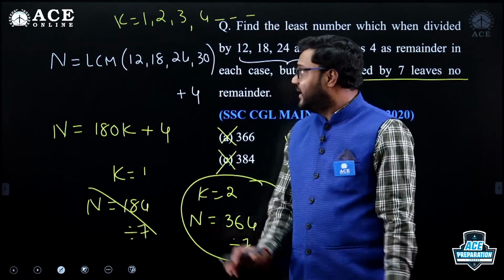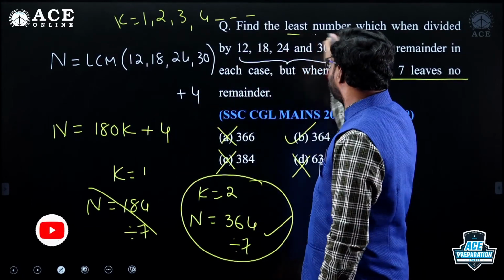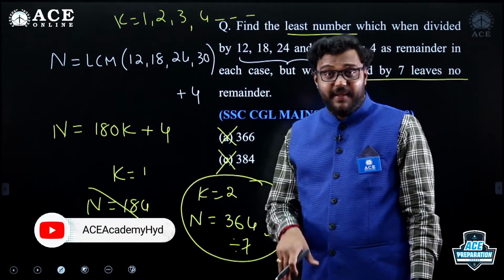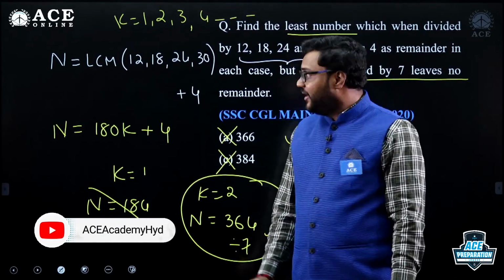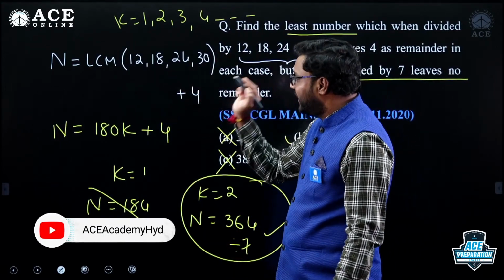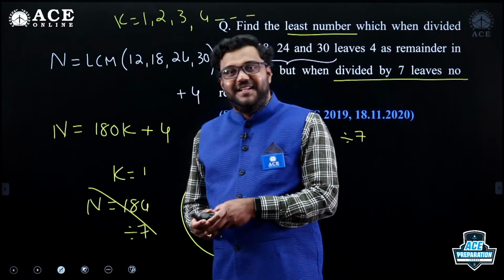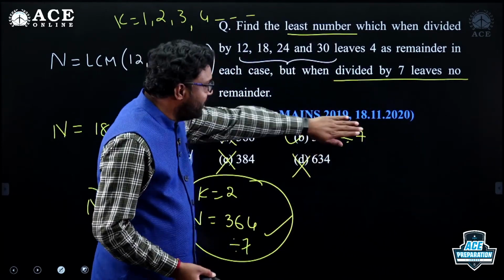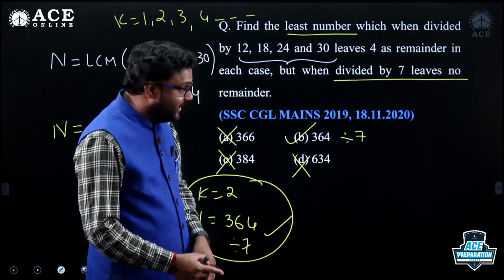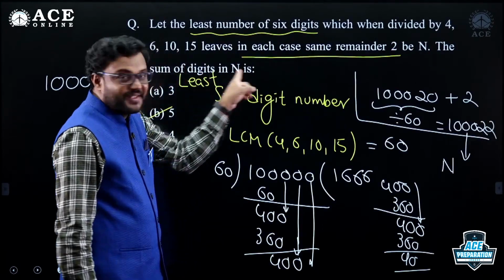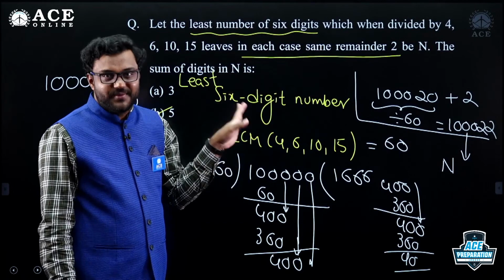They're asking the least number. Yes, this is satisfied. Divided by 7 exactly, and when you divide by 12, 18, 24 and 30, it should give remainder 4. If they ask sum of the digits, then no option verification. In the previous question, they're asking sum of the digits, right? That's why we need the concept as well.